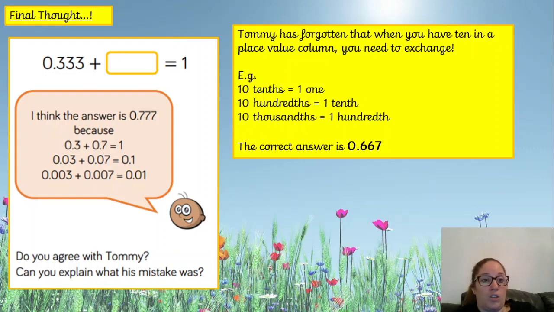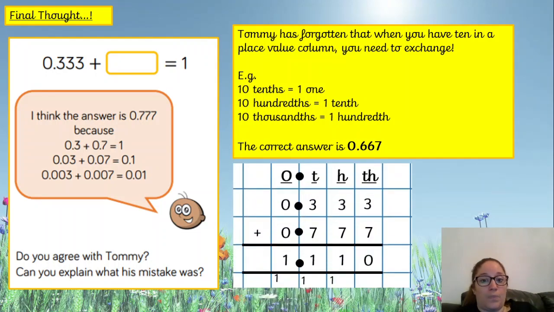Okay, I'm going to show you now. So, if we've got 0.333 and we're adding, like Tommy says, 0.777, 7 add 3 does equal 10. So we put our 0 here and carry the 1. That's fine so far. But then we've got 3 add 7, which is also 10. But this time we need to add that 1 on, which is going to put 1 there.